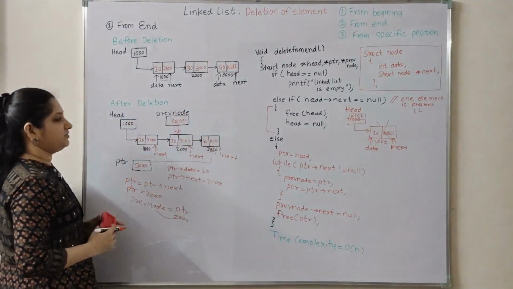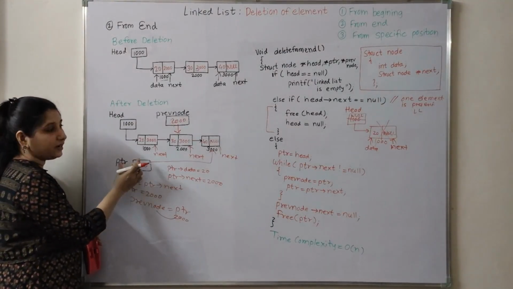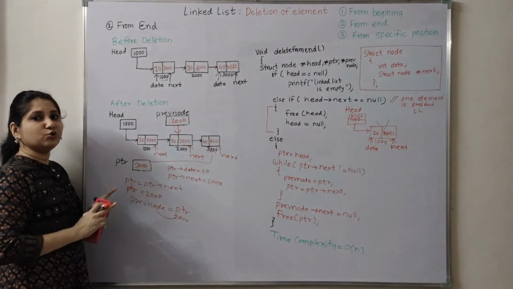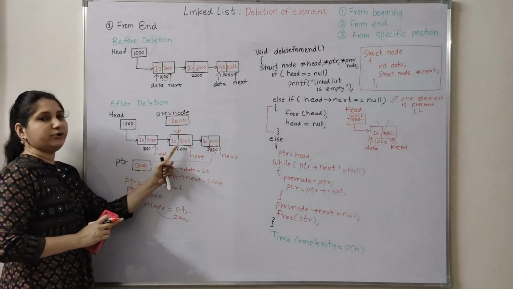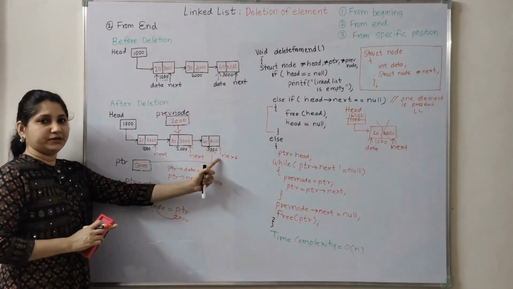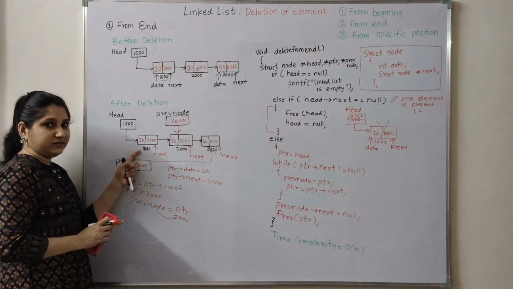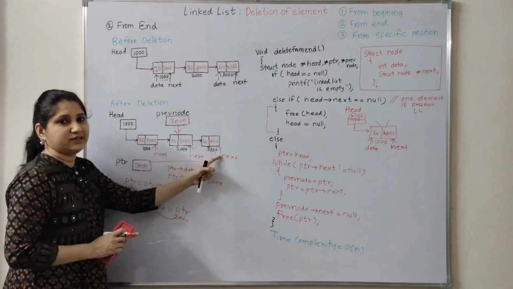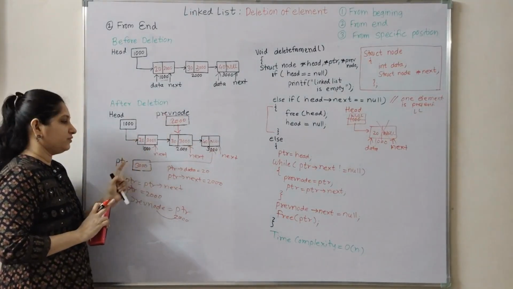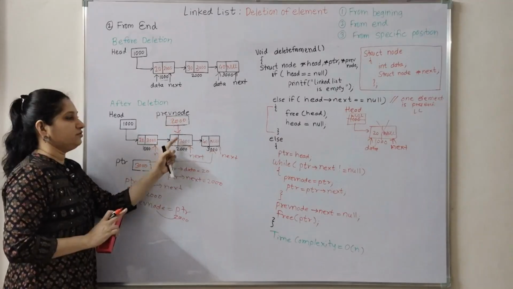Now you can observe our pointer consists of value 3000 and our previous node consists of value 2000. So we have taken these two pointers. One pointer will point to the previous node and one pointer will point to the current node. We have pointed this pointer first to 1000, then 2000, then 3000, and we have pointed the previous node to the first pointer 1000, then the second node stored at 2000.